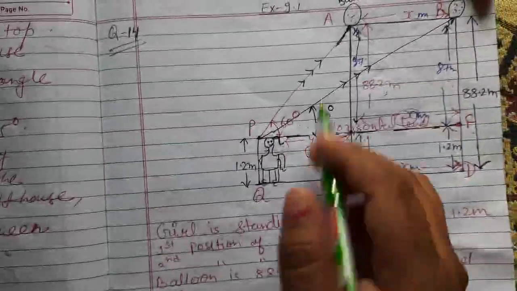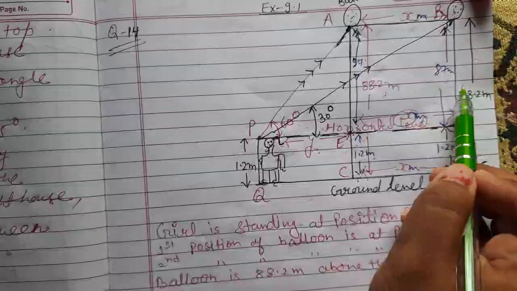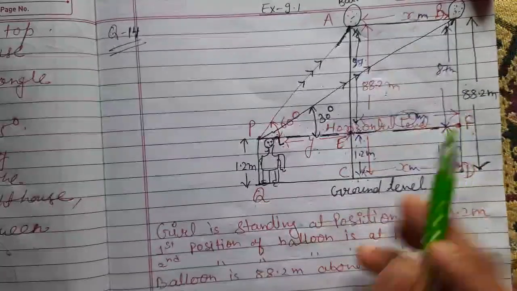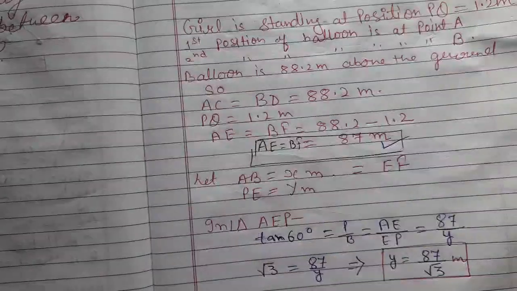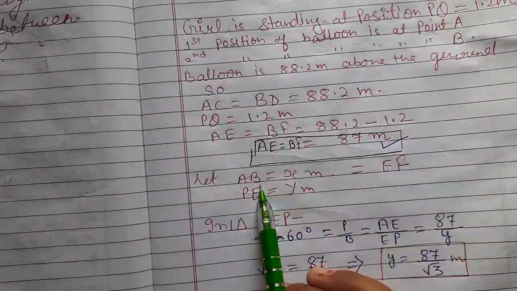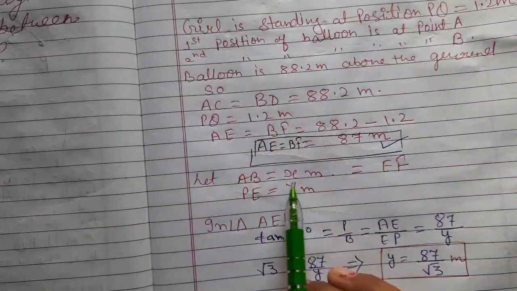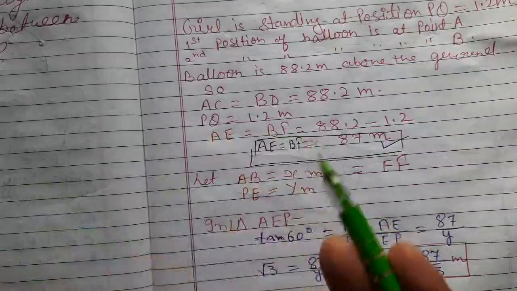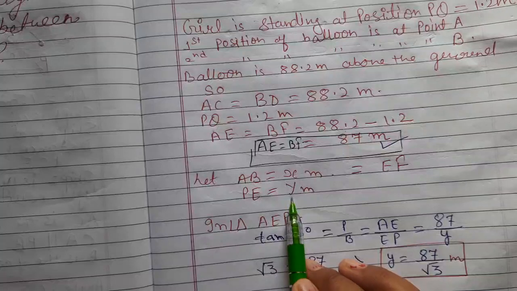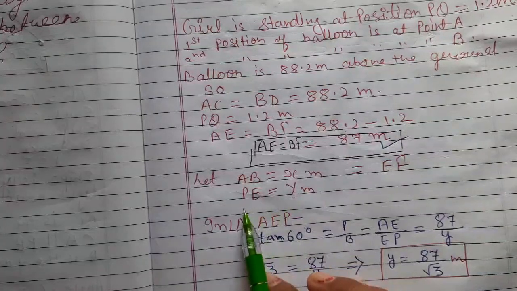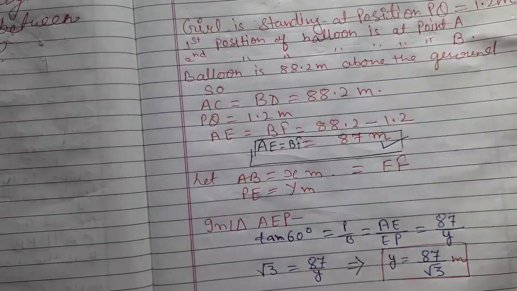Now I am considering AB as x, the distance between the first position and the second position, and PE as the distance between the girl and the first position of the balloon.